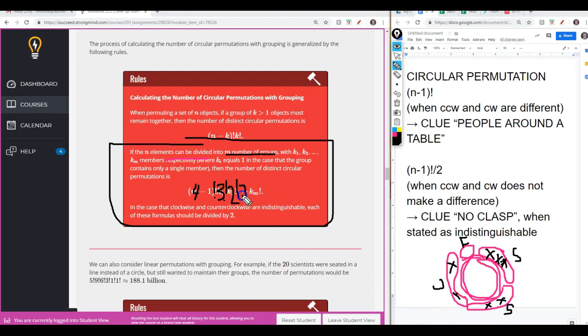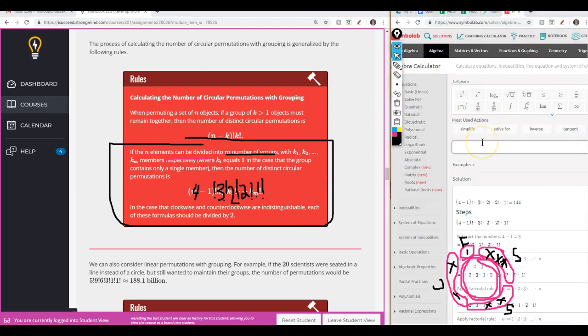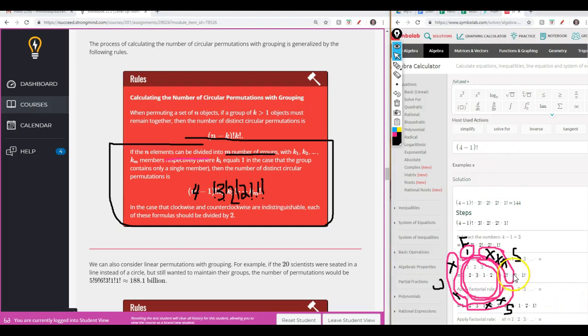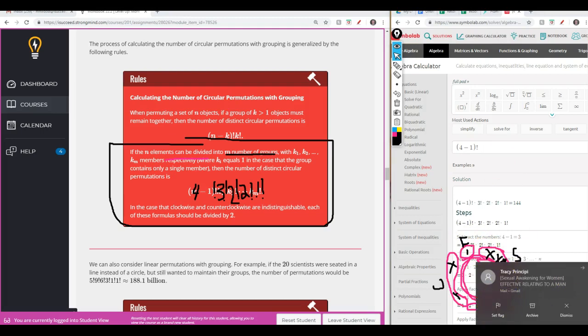There's 2 factorial ways to arrange 2 people. And for the freshmen, there was only 1 person, so it would be 1 factorial. So that's how we would set up this formula, and the reason why we would do that is because in that group, in the circle, they have to stay together, so it really only separates it into 4 different groups.